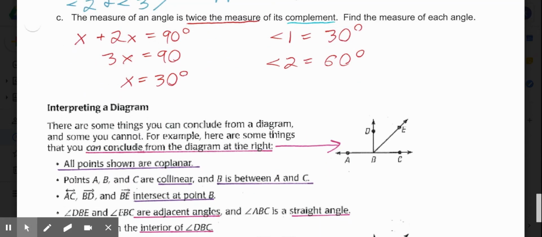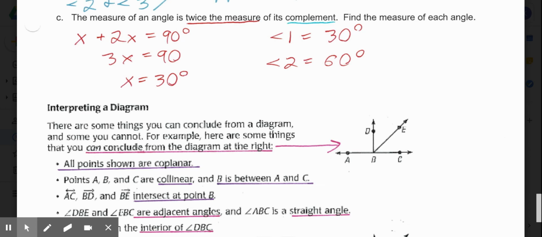Then in part C, it says the measure of an angle is twice the measure of its complement. Find the measure of each angle. So because it says complement, I know I'm dealing with 90 degrees. So one angle is x, and the other is twice that amount, or 2x.